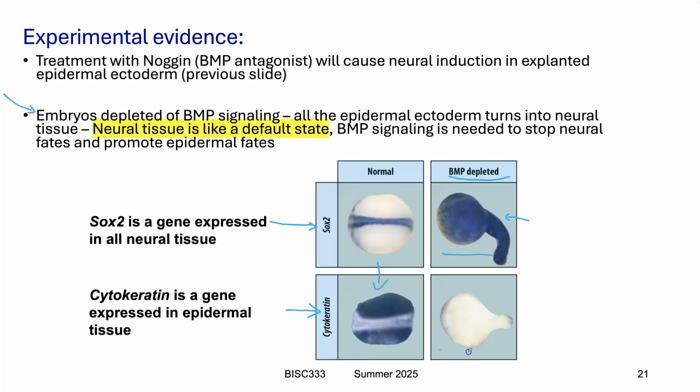And when you stain a different embryo with the same treatment, you basically get no epidermis, or maybe a teeny bit of expression around the edges. The vast majority has been specified as neural tissue, and so there's no keratin expression. So this is really nice evidence for the role of BMP.